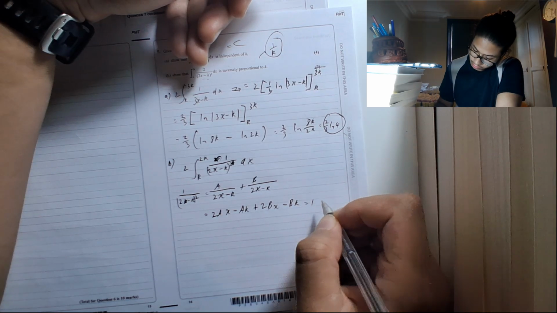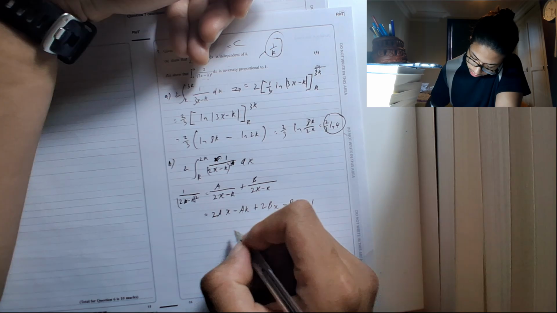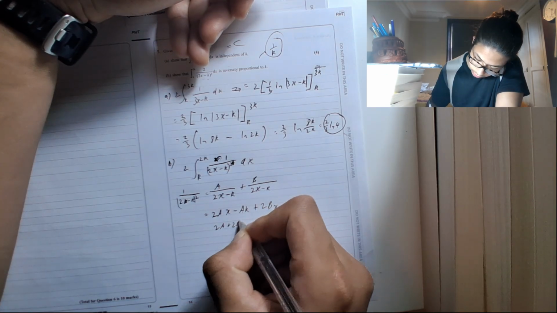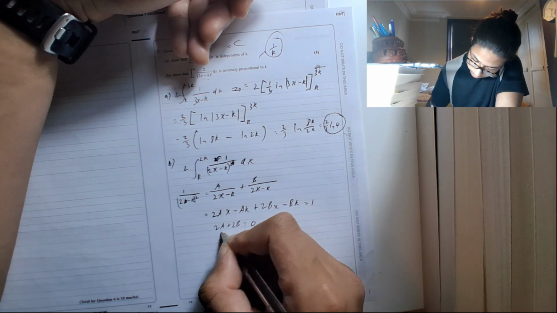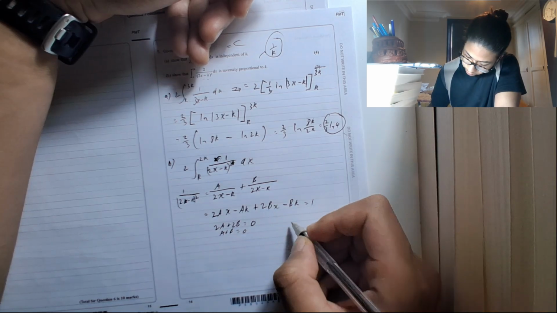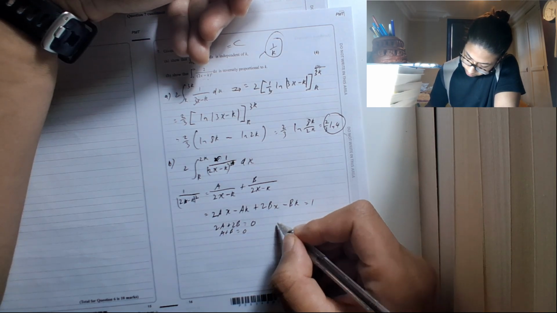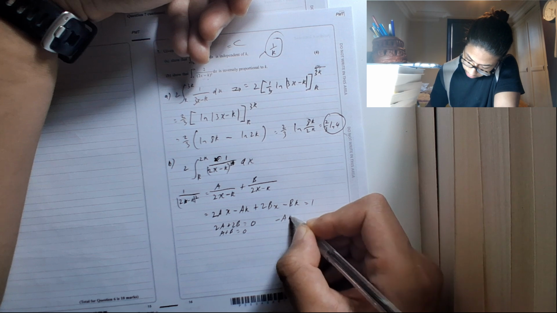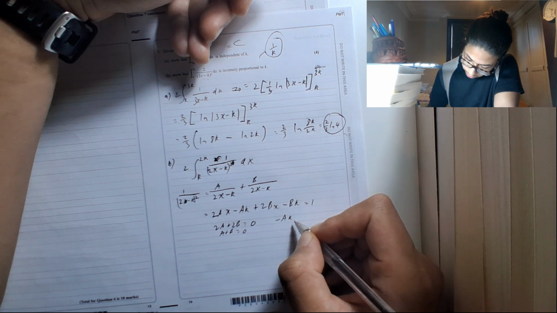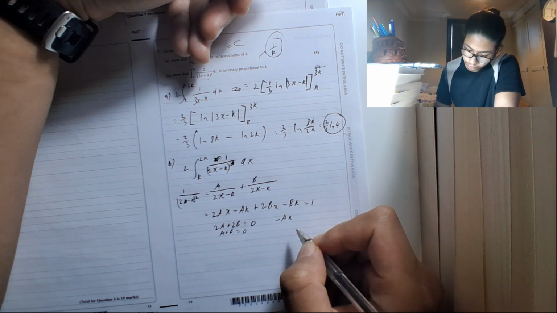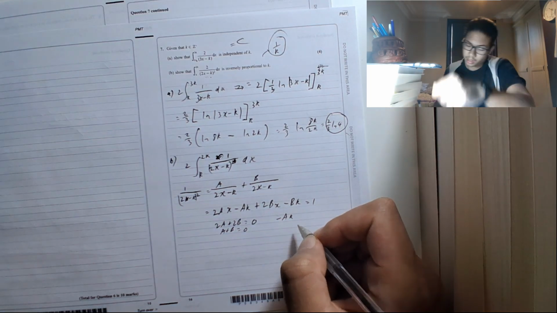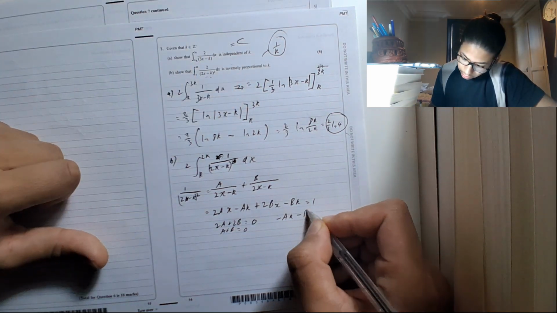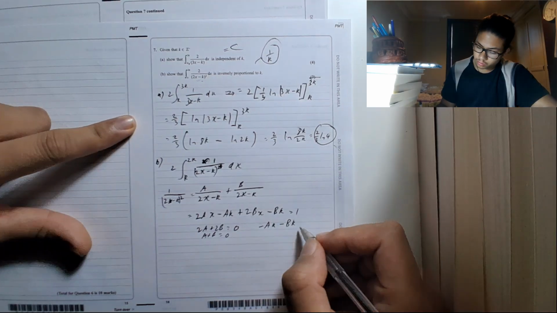So we have no x's here, so that means 2a plus 2b equals 0. So a plus b equals 0. And then minus ak minus bk needs to equal 1.